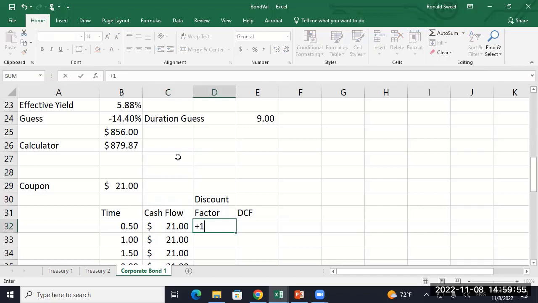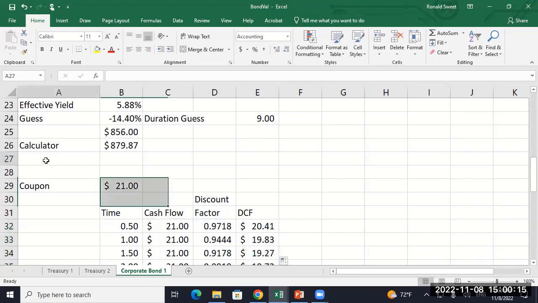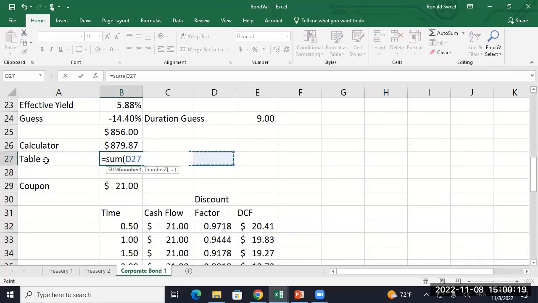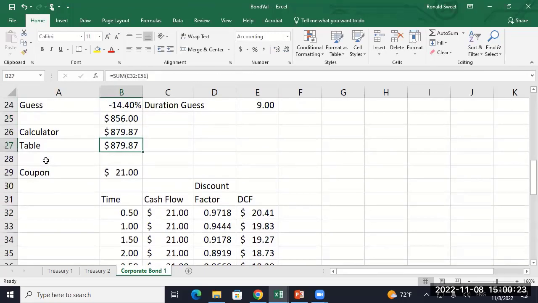Our discount factor is 1 divided by 1 plus the yield, make sure you use the effective yield, raised to the time. Cash flows. That looks pretty close.